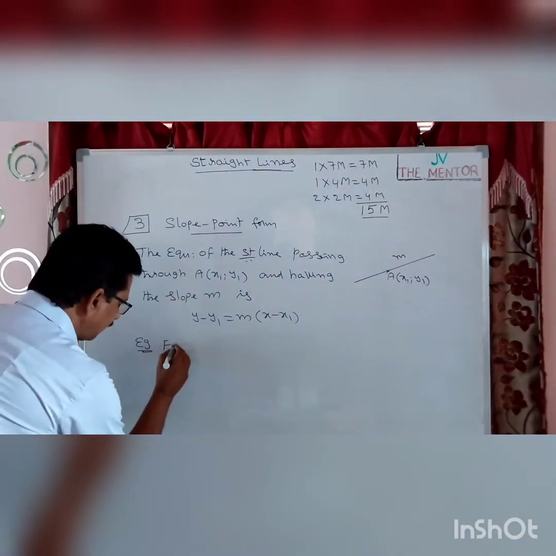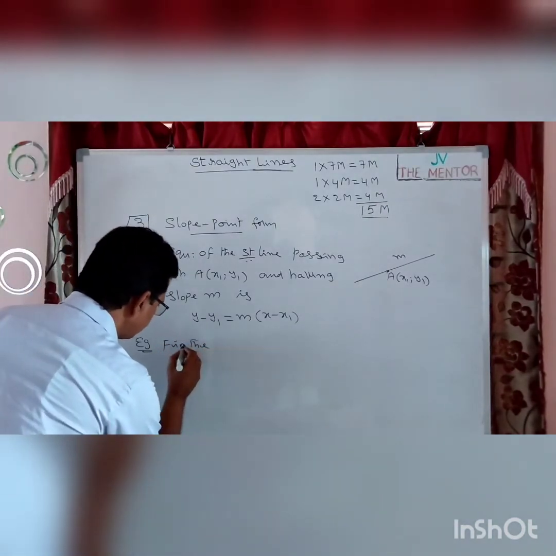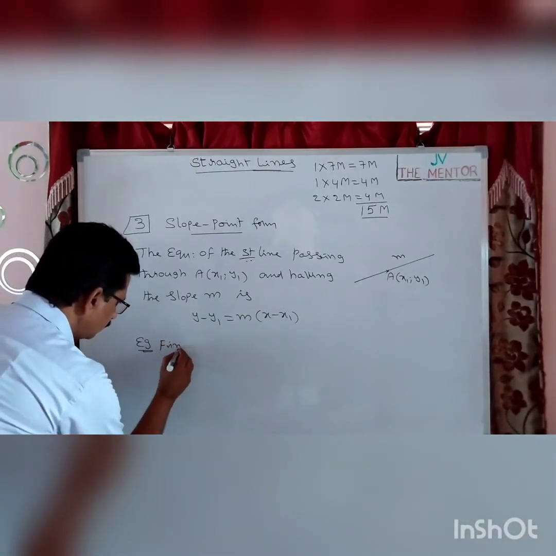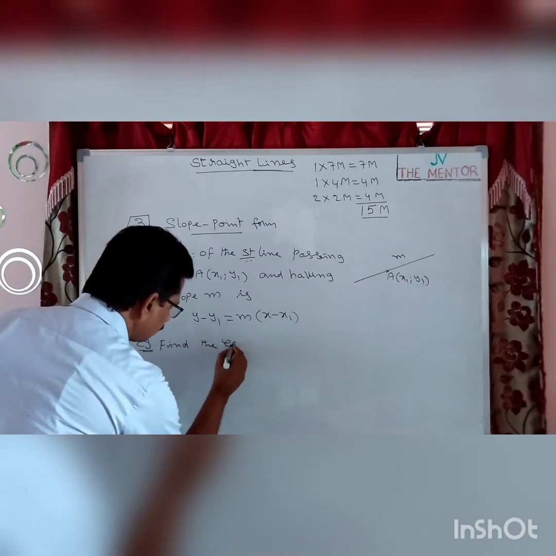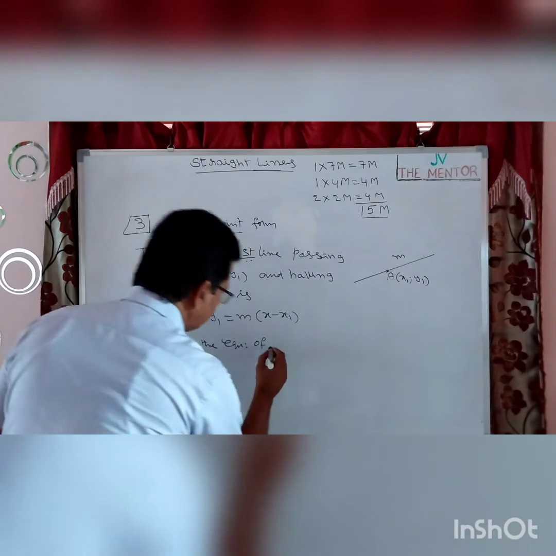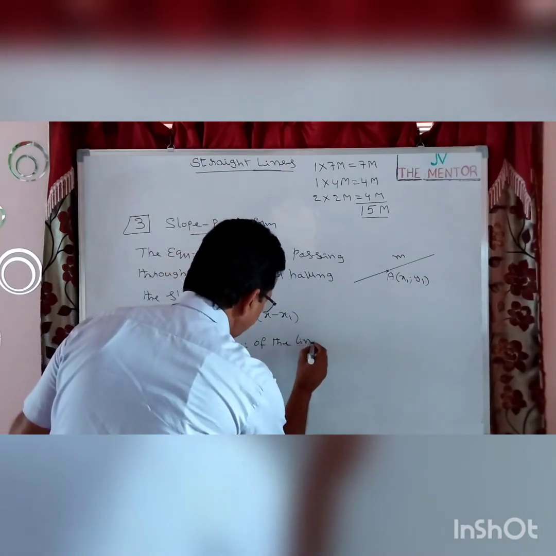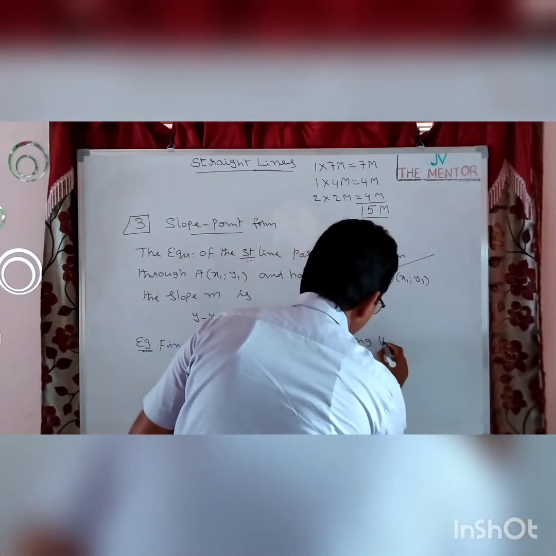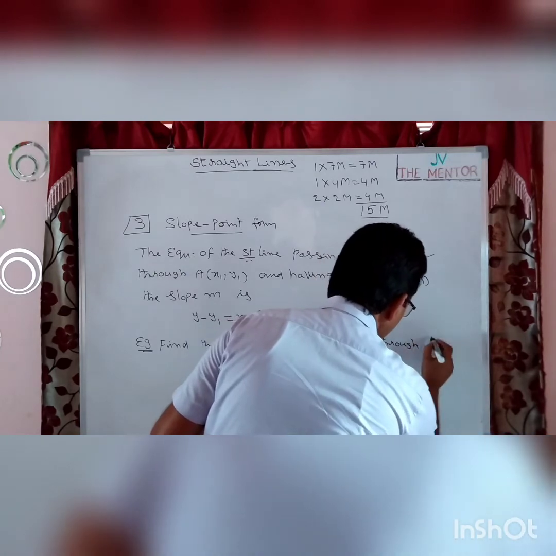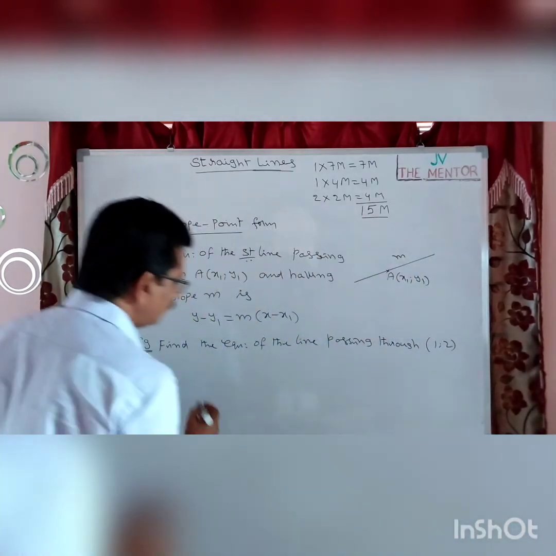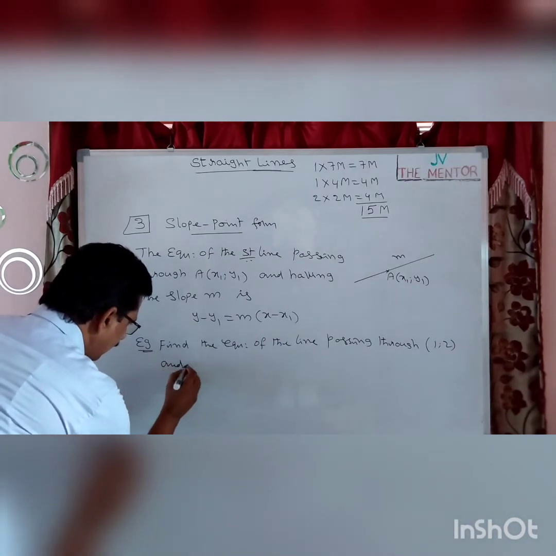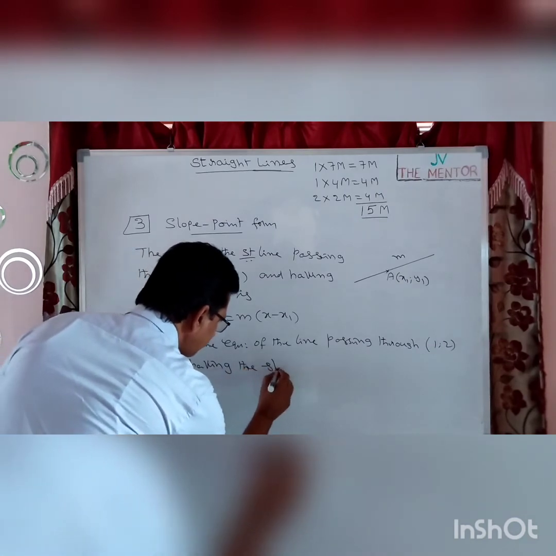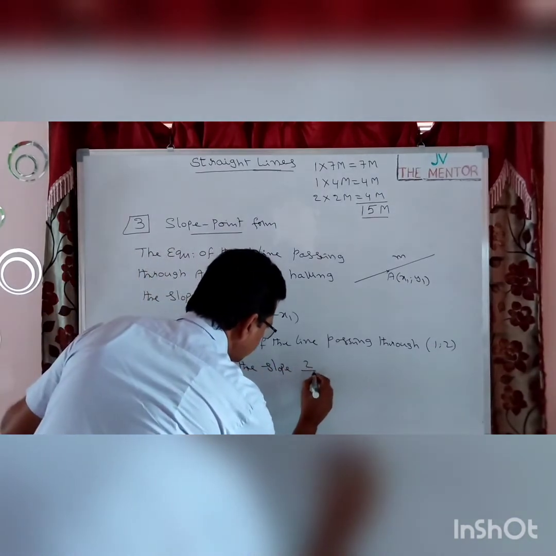Find the equation of the line passing through (1, 2) and having the slope 2 by 3.